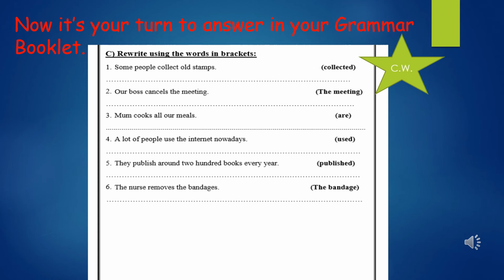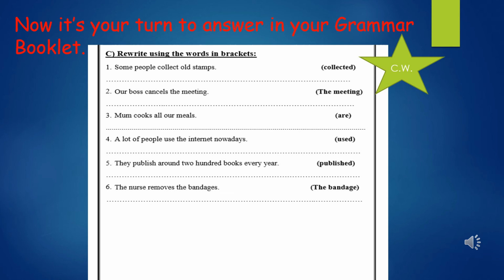They, excellent. Where's the object? It's a long object. Around 200 books. Super. So, around 200 books, we have to start with the object of the active. So, around 200 books, it's plural, are published by them.